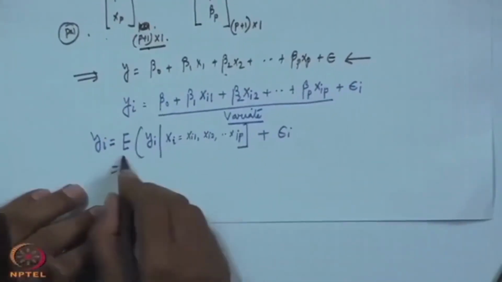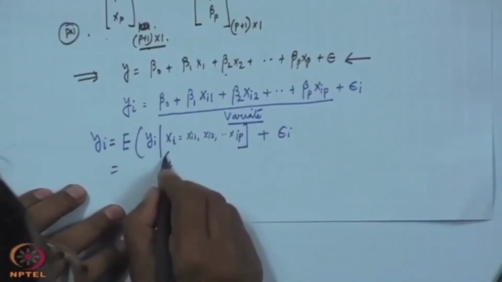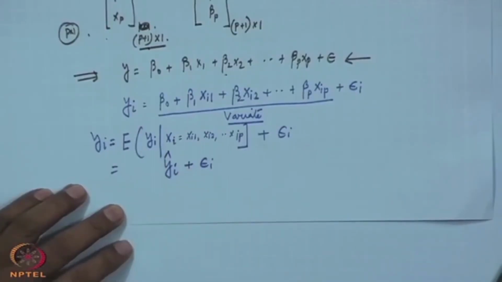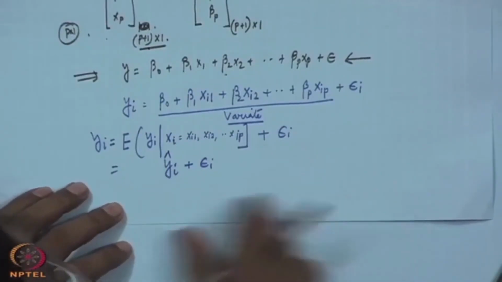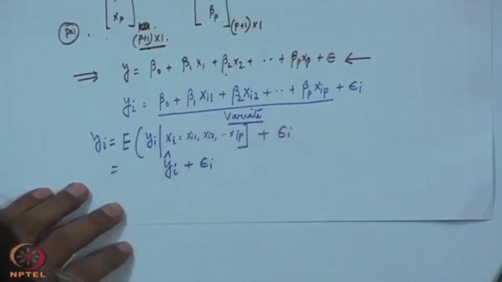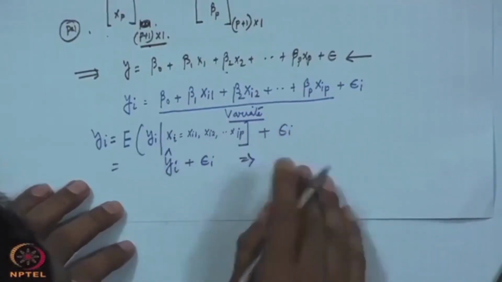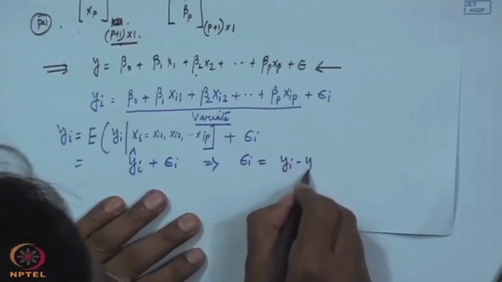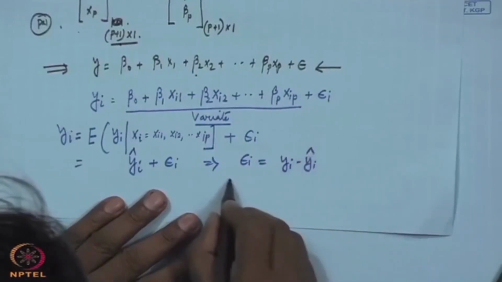So, this expected value is nothing but the predicted value. Suppose you want to use this later on, this will be the predicted value. So, I can write from here that epsilon i equals yi minus yi cap.